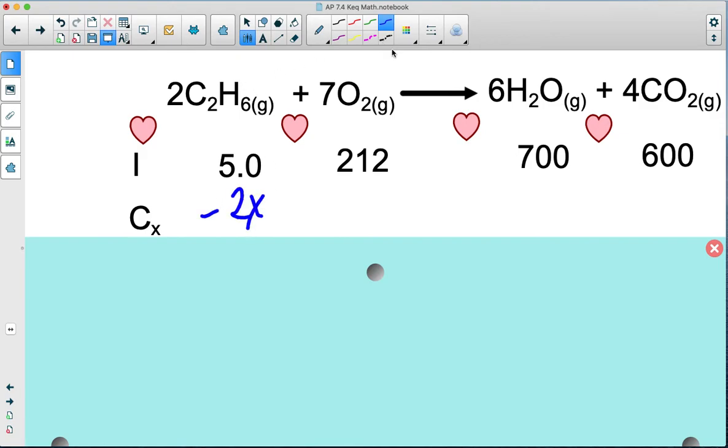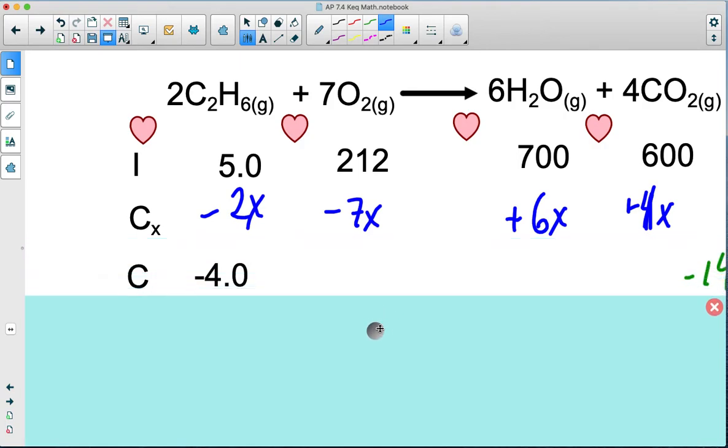Every time the reaction goes, for every one reaction, I lose 2 of these. Am I going to gain or lose oxygens? For every time the reaction goes, I'm going to lose 7 oxygens for every x of reactions. This is going to be plus 6x, and this is going to be plus 4x. Smile and nodding? Cool.